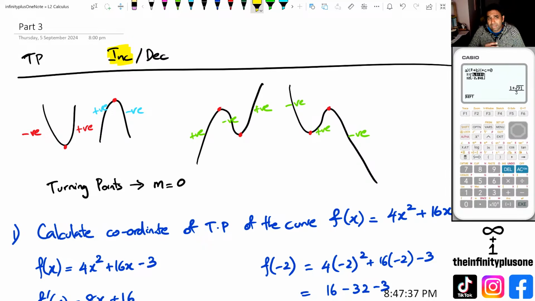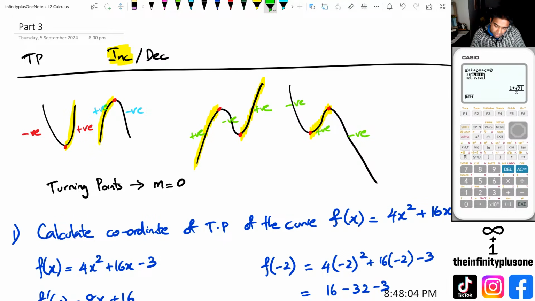Everything that's actually positive, it's what we call increasing, like the function is increasing. Because if you think about it, along this yellow line, the gradient is positive. And if you look at a cubic, it's positive up to here, and then positive after the turning point. And if you look at the negative cubic, it is positive between those two turning points.